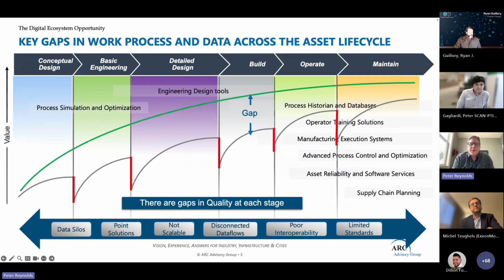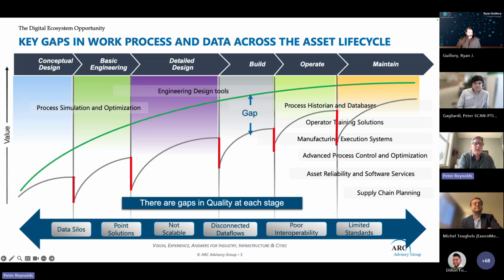So what that translates to is, if you look at things from an asset lifecycle perspective, from conceptual design, basic engineering, detailed engineering, right through design, operations, and maintain, there are some gaps across each of those processes. And we think about how asset data gets created.